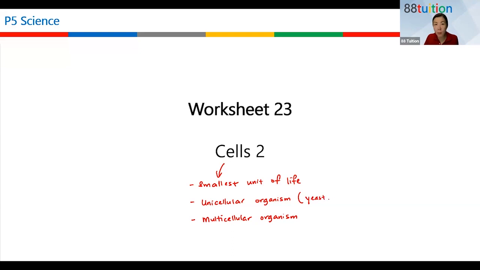Yeast, right? What else? Amoeba. How about this? Multicellular. Yeah, just some examples. Humans, animals, frogs, plants.